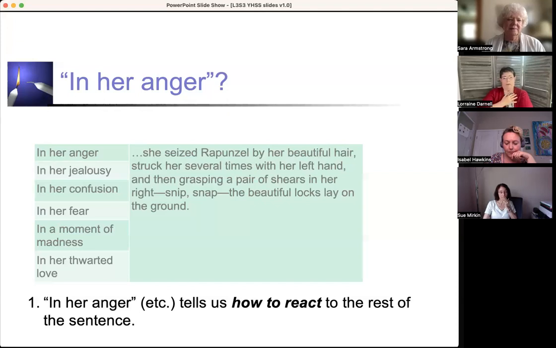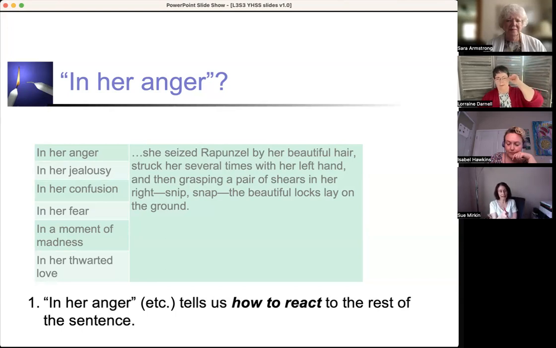It might not be important that she began to breathe harder and clenched her jaw and her eyes began to bulge and her face turned red. That might be what's happening, but it might not be worth the time it takes to say it that way. It might just be more efficient to say in her anger, right? In a different story it'd be a different choice, but in this story this seems like a good choice.